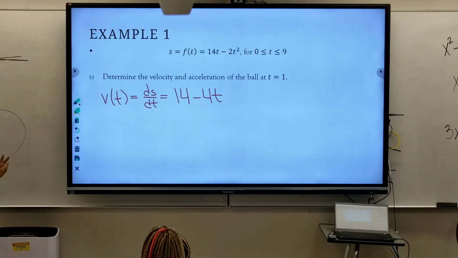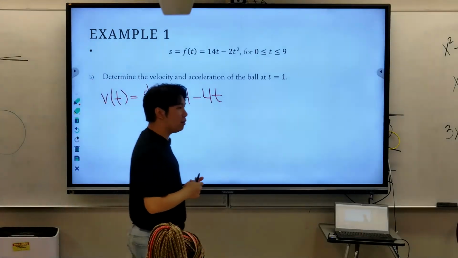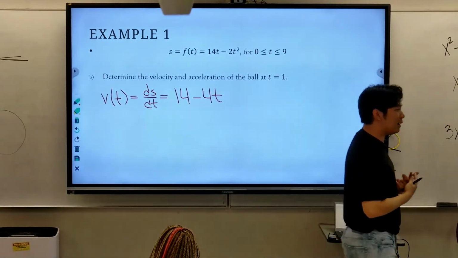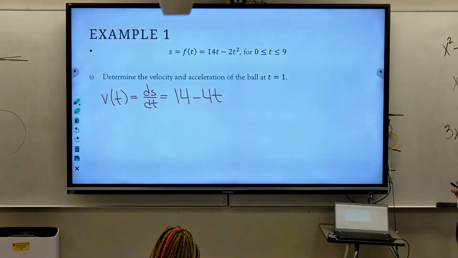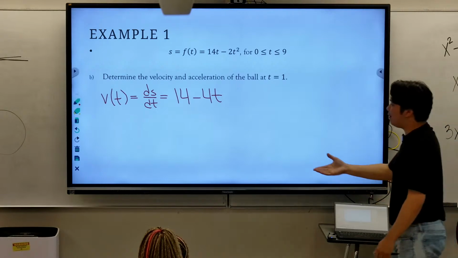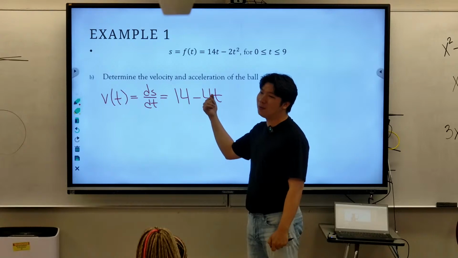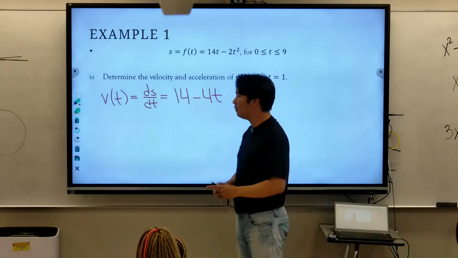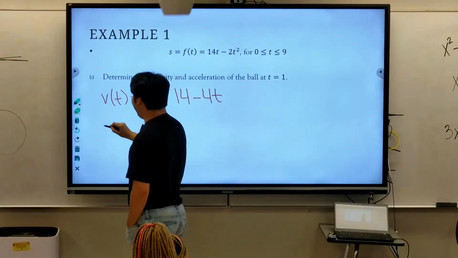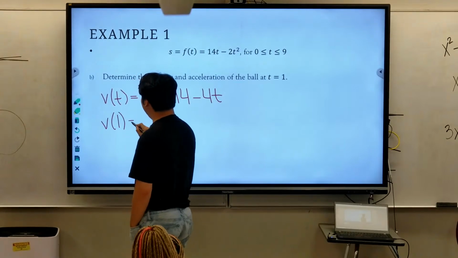This is my velocity function. But for part B, that's not what I'm looking for. I'm looking for the velocity at 1 second. So how do I find the velocity at t equals 1 second? Yeah, we're plugging the 1 into the function. Again, this is the velocity function. It tells me at any given t value what the velocity of the ball is. So if I want the velocity at 1 second, I'm asking what's v of 1?